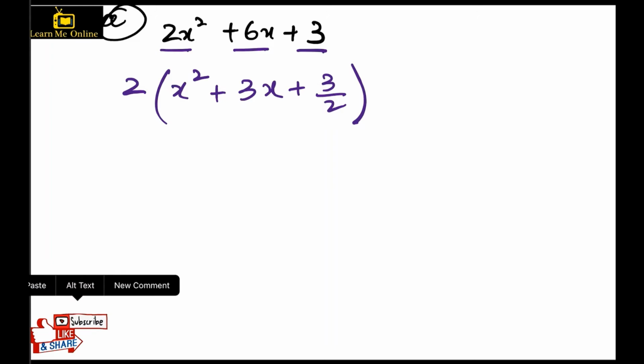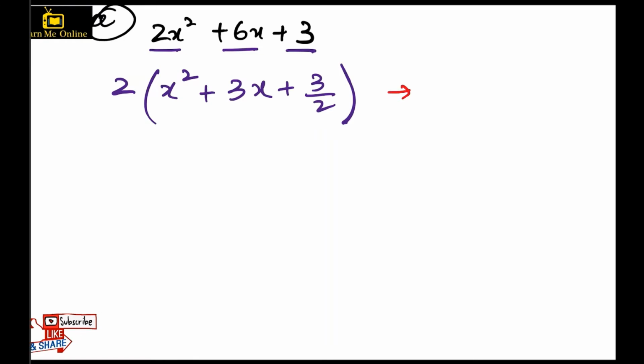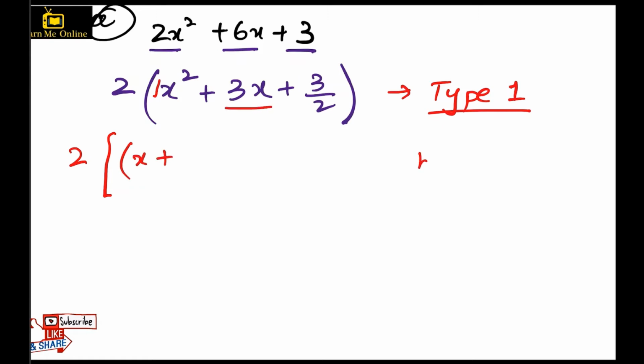Now, because we have factorized 2, the first term is back to the type 1 case. This is exactly what we did in the type 1 factorization using the completing the square method. The x squared coefficient is 1, so we use the completing the square method on it. We start by making a bracket, which is x plus half of the x coefficient. We always take half of the x coefficient.